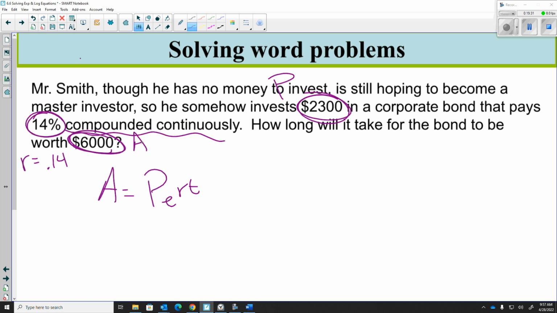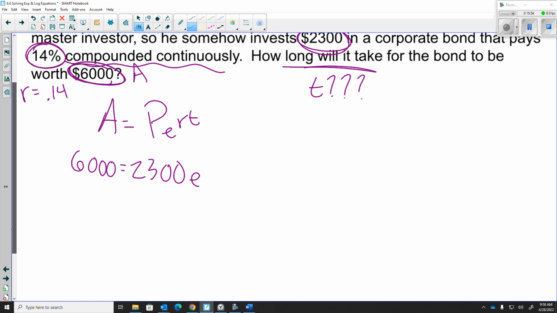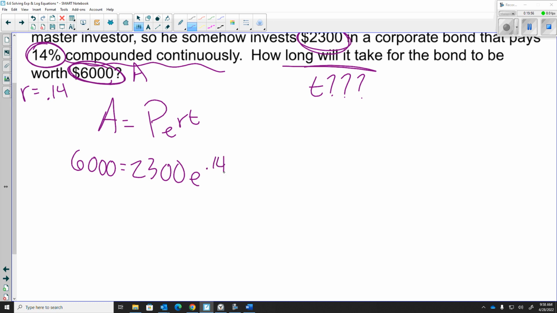So what am I trying to find? How long will it take? I don't know what T is. That's what I'm trying to get. So let's put everything in that we know. We know A is 6,000, we know P is 2,300, and we have e raised to the rt, so that's 0.14t.